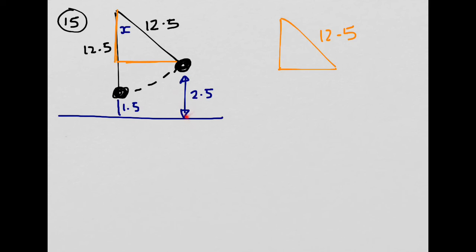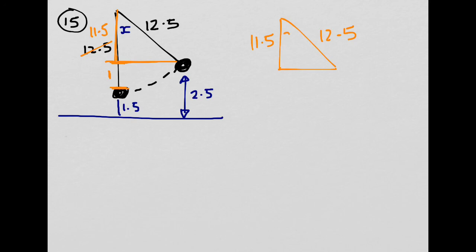We also know the ball is up 2.5 and 1.5 off the ground. So using that fact, then this size in here between these 2 points must be 1. So if that size is 1, then it means the height of the triangle is 11.5. 12.5 to the ball, take off the 1, 11.5.